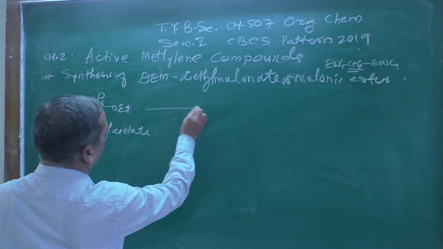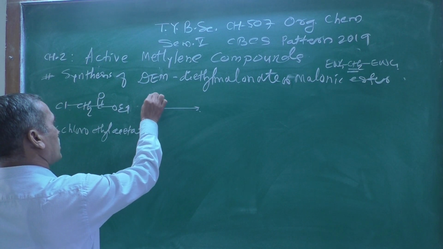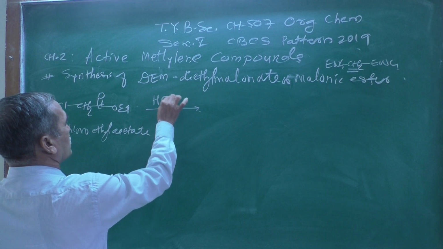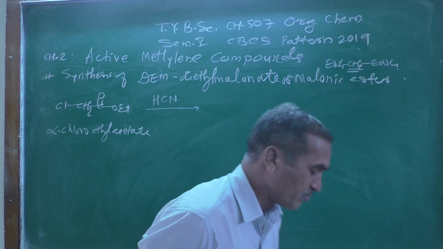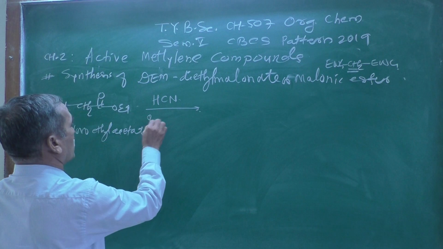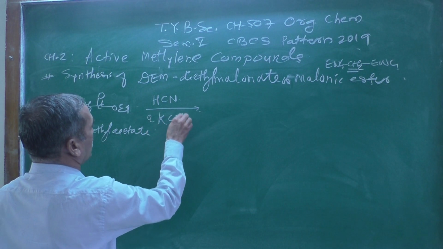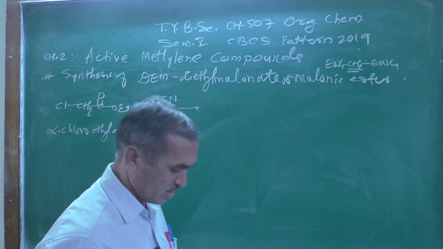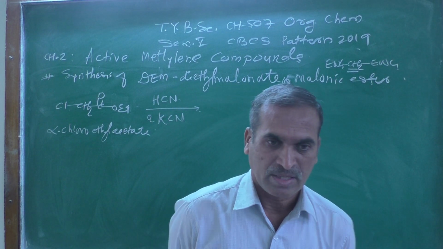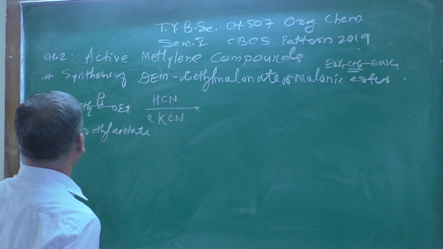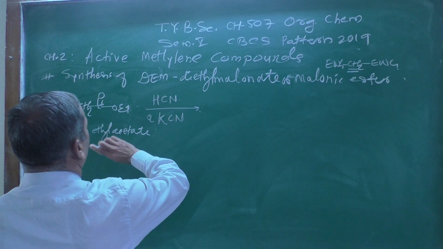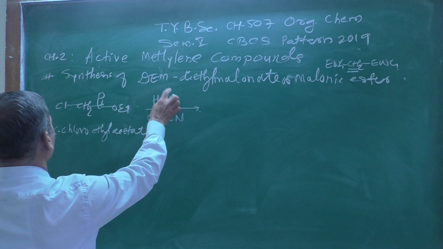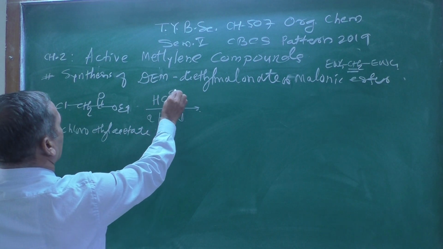First of all, this reaction is carried out in presence of hydrogen cyanide, or we can use potassium cyanide, HCN or KCN. Now a nucleophilic substitution reaction takes place. As we know, the cyanide group is electronegative in nature, it is going to attack over here.